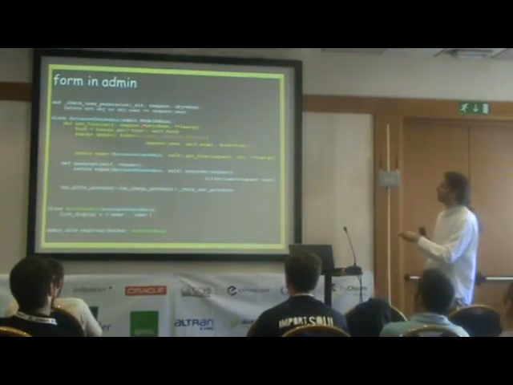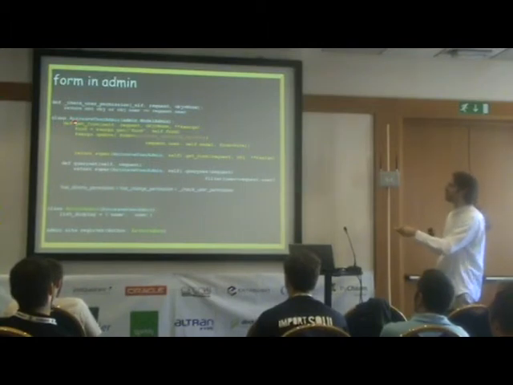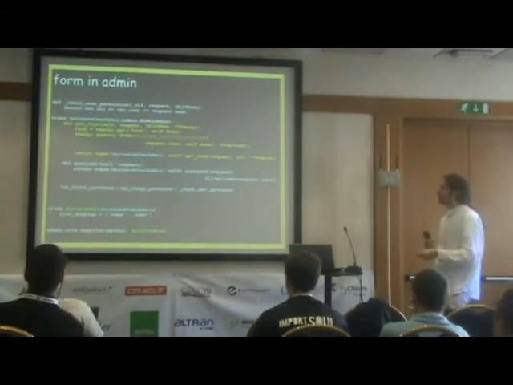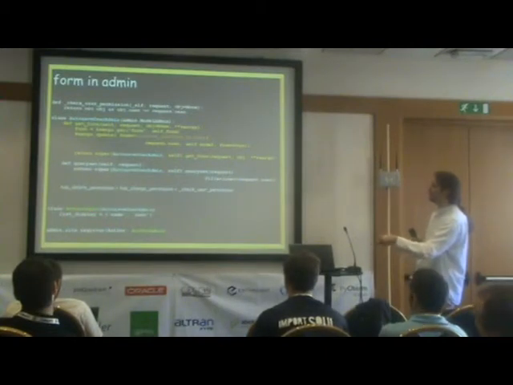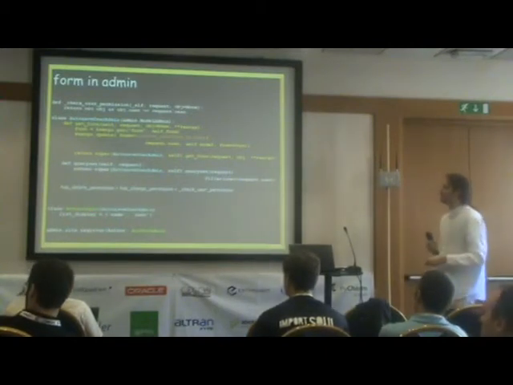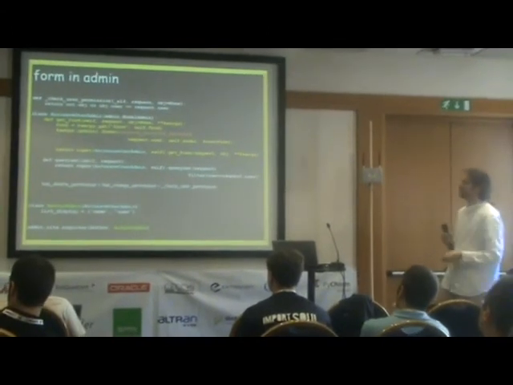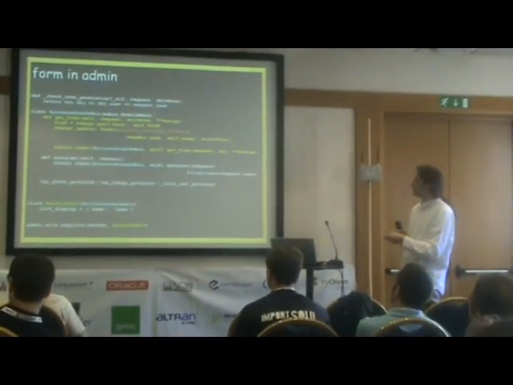Okay? That's easy and powerful because this autosave user admin is totally abstract, there is no model inside here, but in the author admin. So we can use this abstract class for many models.